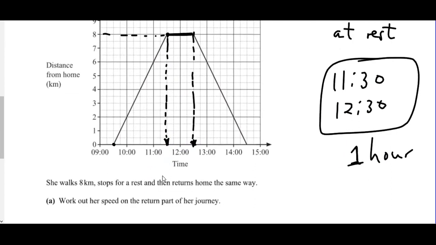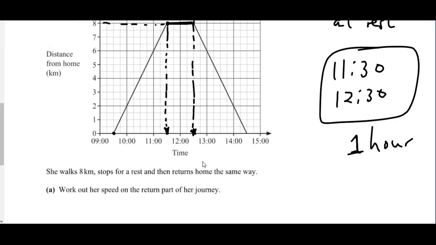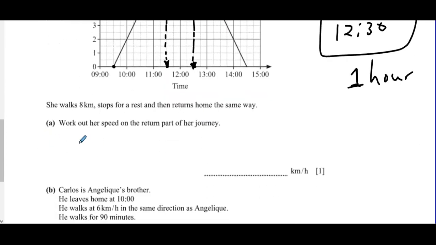Now, what is the question? The question says, work out her speed on the return part of her journey. How do we calculate speed? You all know that this triangle is helping you to remember the formula: distance, D for distance, divided by time equals speed.